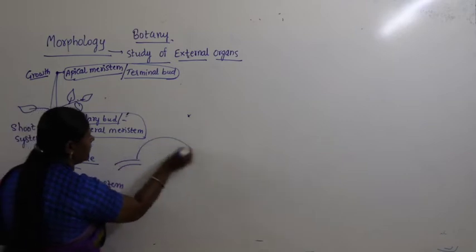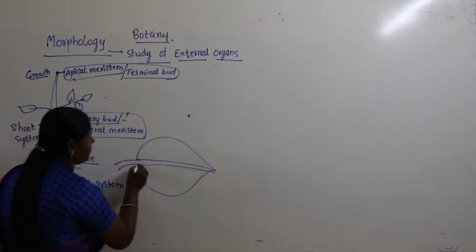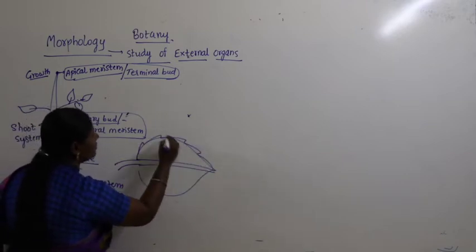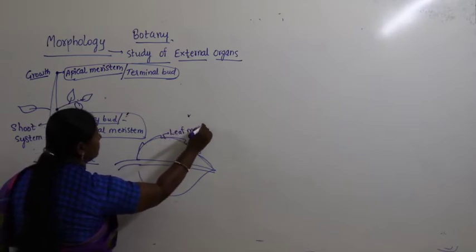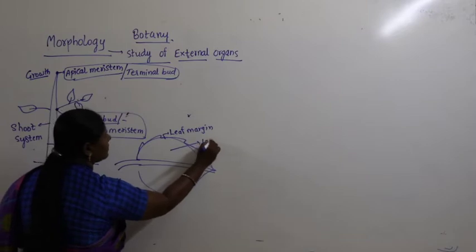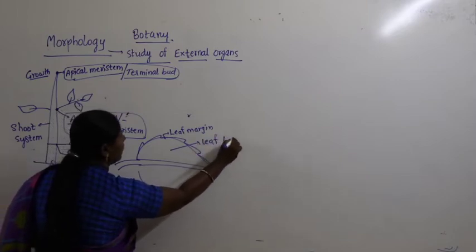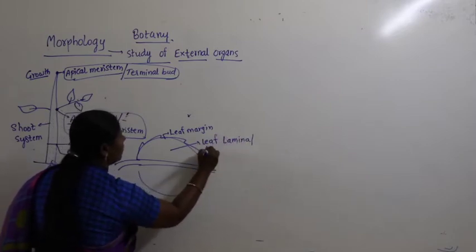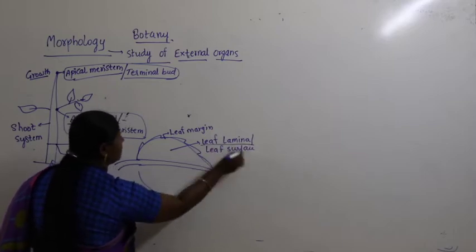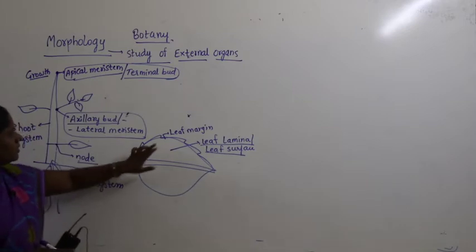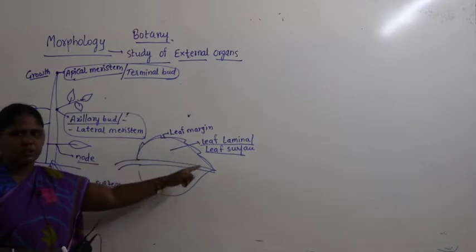So here if you take, this is the leaf. Leaf has margin, leaf margin, leaf surface, it's called leaf lamina, or it's called leaf surface. This is called leaf margin.